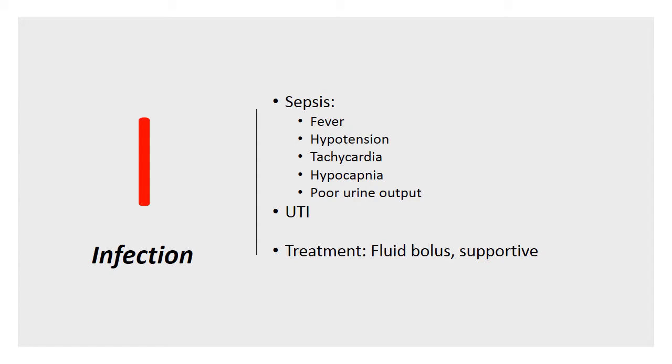Just be careful giving them fluid boluses, because a lot of times they can be in renal failure also. If the renal system's not working, you don't want to overload them in fluid and end up developing major flash pulmonary edema. So treat with fluid boluses, continually reassessing lung sounds and all issues of perfusion, and otherwise basic supportive care.